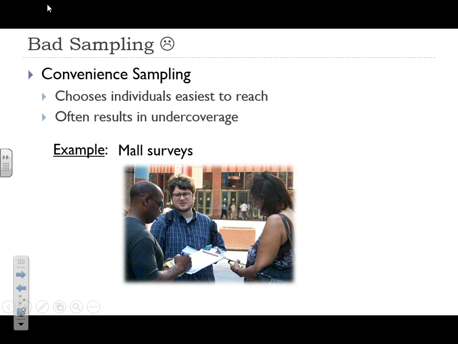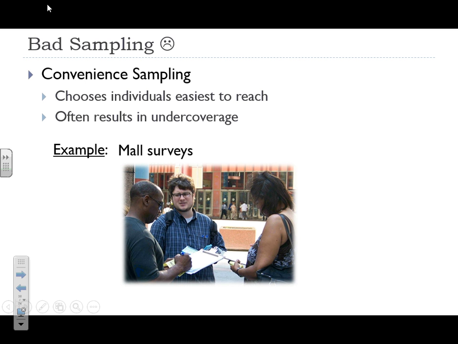It's just, I know I can get access to people here, so I'm just going to do that. You go sit at a restaurant, and as people come in, you just ask them questions. Things like that. Those are convenient samples. Okay, so those are going to produce samples that are most likely going to result in undercoverage. So those are not good as well.